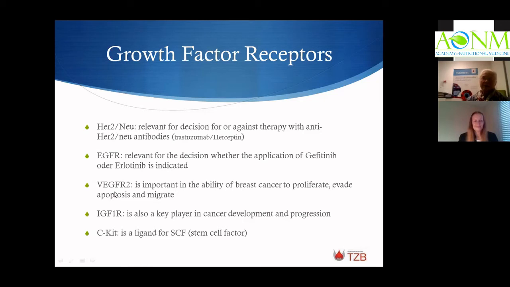Then there is the factor for growth of vessels, and this is also important to know.